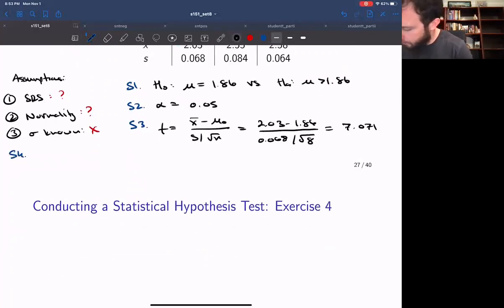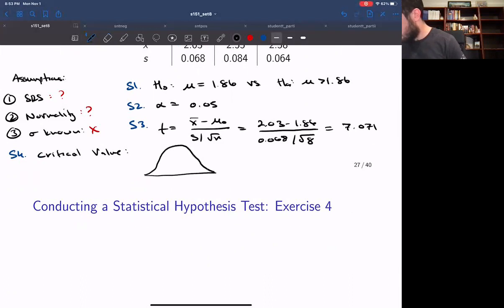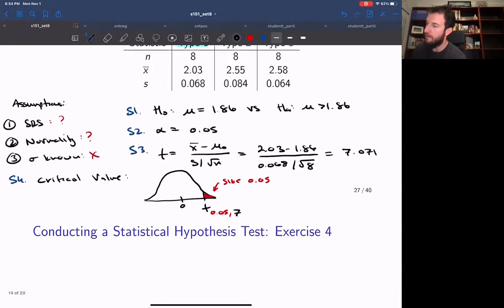All right, so now if we take the critical value approach, we're going to start by sketching out our student t-curve. This is an upper tail test. So we're going to have all of the area in the upper tail. So this is going to be a size 0.05. So this is a t on 0.05 and 7 because we have 8 observations.